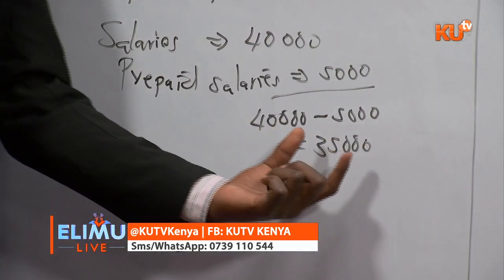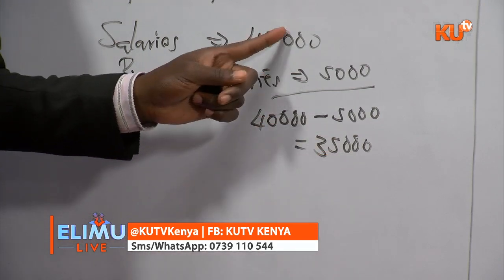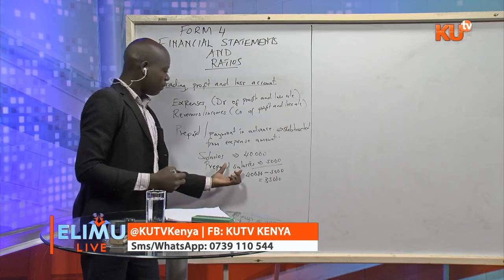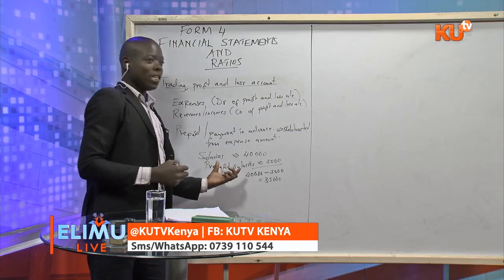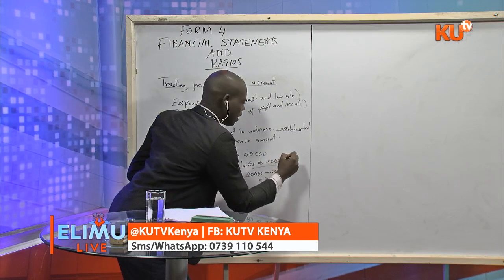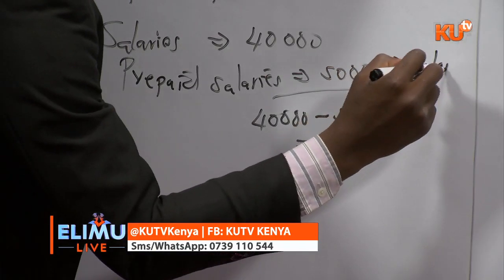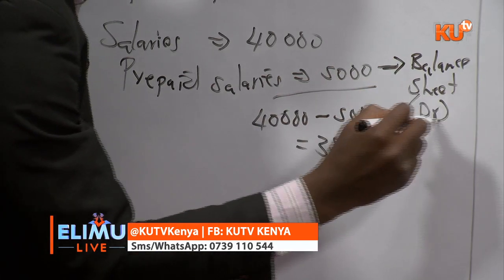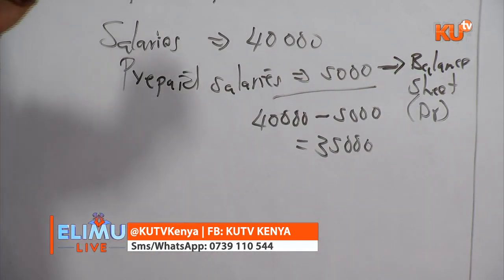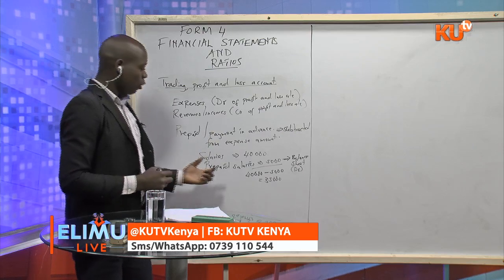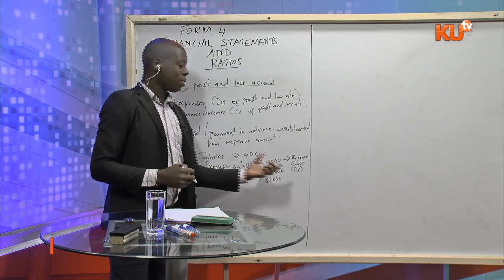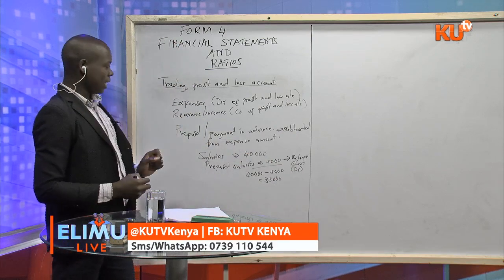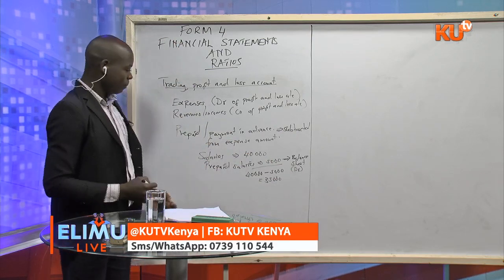So we record 35,000 and not 40,000. And this 5,000 that is prepaid is carried to the balance sheet, on the debit side, as a current asset. So all prepaid expenses are transferred to the balance sheet as current assets. Remember, we have current assets and fixed assets.